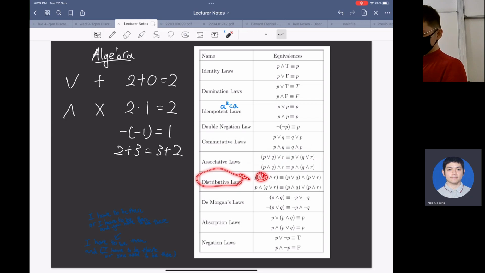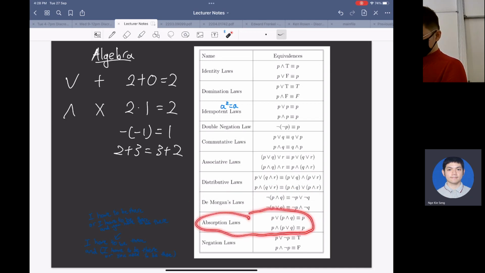Distributive is, you see, AND all first and then OR, or OR first and then AND, both sides. So it's like the open bracket thing, but make sure you do the right order. Similarly, and then De Morgan's law is the one we did just now.